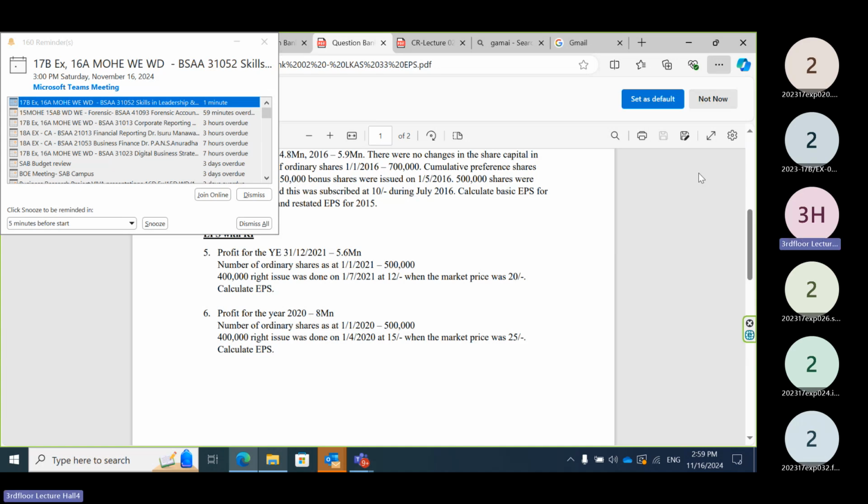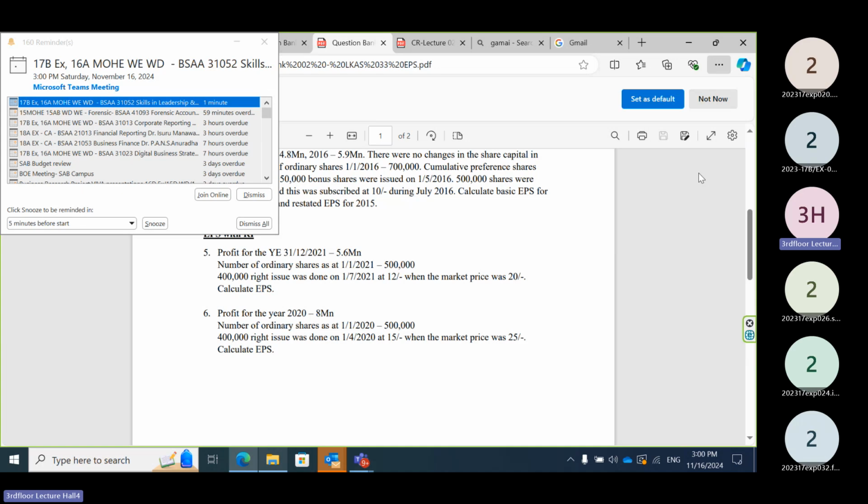Then you have to be ready for this type of question. Right. Others are simple, so you can do the maths and get the answer. And the other question: advise the accounting implication of the right issue of shares. The 2024 right issue is what we have to explain.